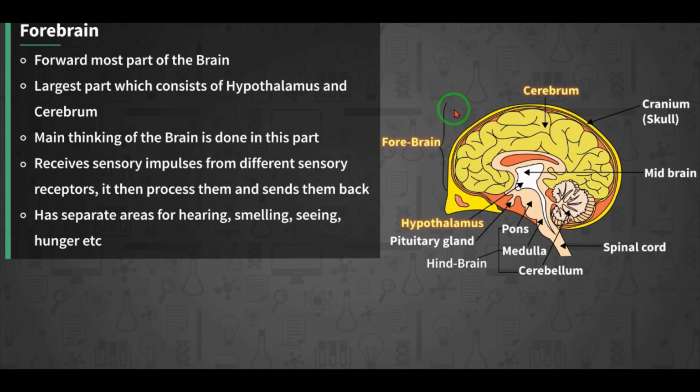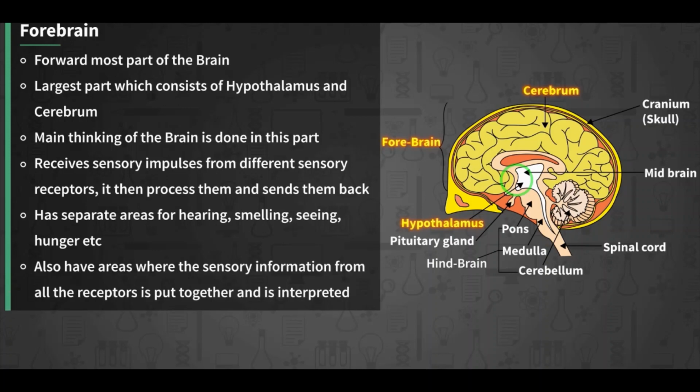So these are the three parts of the forebrain: cerebrum, thalamus and hypothalamus. Have you all understood?